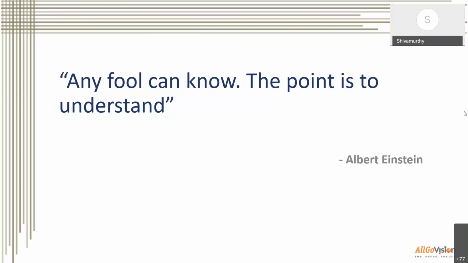I think there is one more question: suggest good books for optimization for deep learning. Actually, there are a lot of good blogs available for these things, so you can go through them.